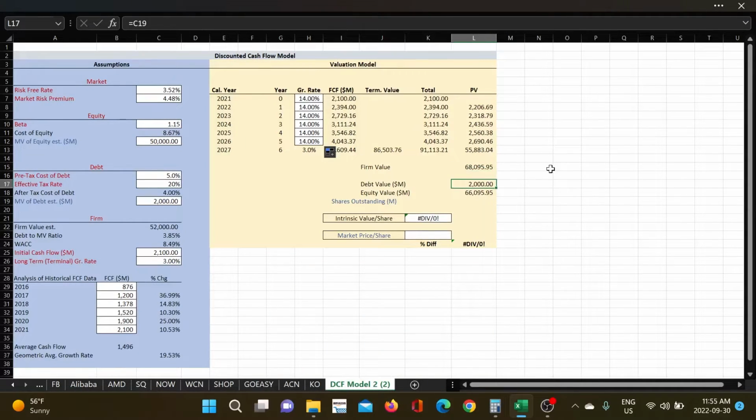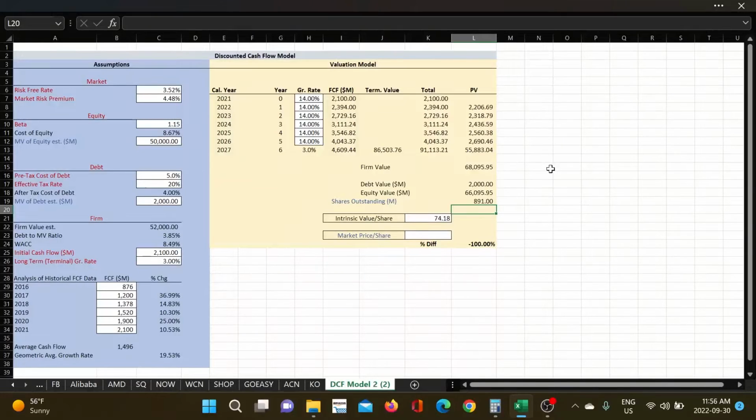So then we subtract our debt value from the company and we come up with an equity value for the company of $66 billion. Now the last variable to plug in is the amount of common shares outstanding. So in this case, let's say the company has 891 million outstanding common shares.